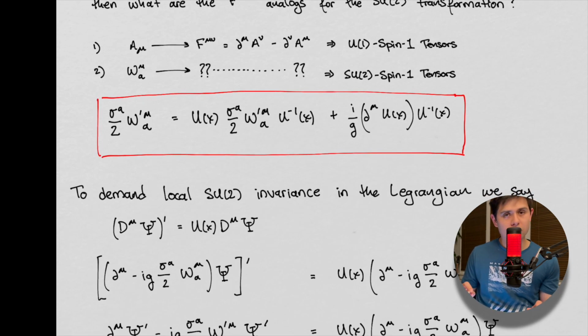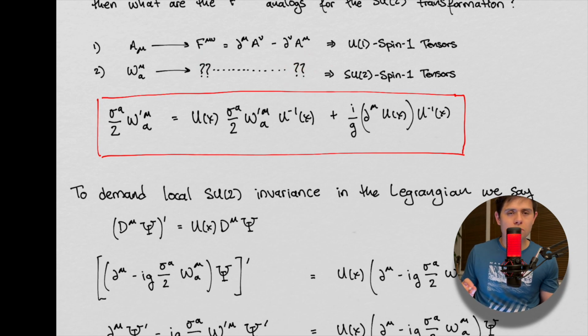Again, I love mind maps because they really get our things organized for us. We have A mu. We can construct F mu nu based off of A mu, like this. This is how this thing has been classically defined and proven to be so. And this is our U1 spin 1 tensors, these guys right here. So if we have these guys in the SU2 case, what are these going to be?